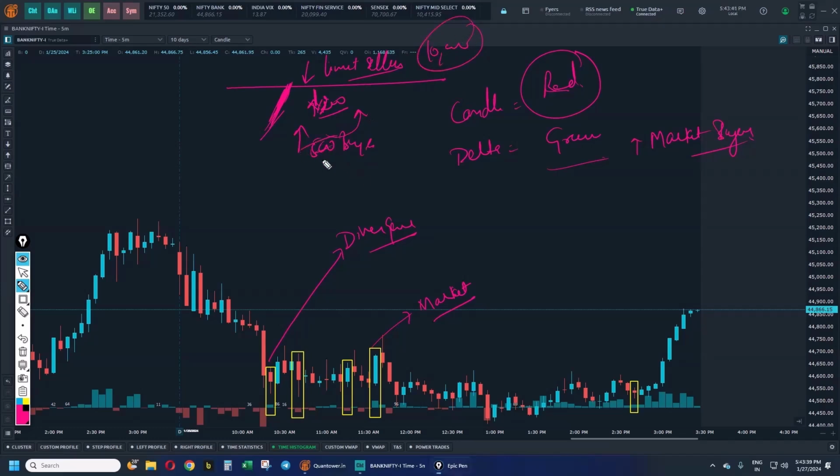It means these 300 will be sold and there were more sellers in the market. That's why your candle color became red. And this is the only place where it tells you this is a limit seller position. This is a limit player position. It's a big player position. So that is a divergence in the market.